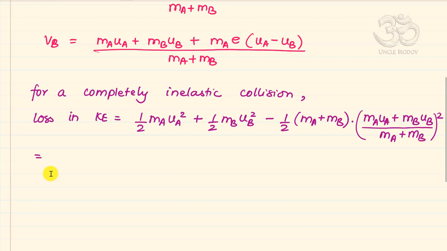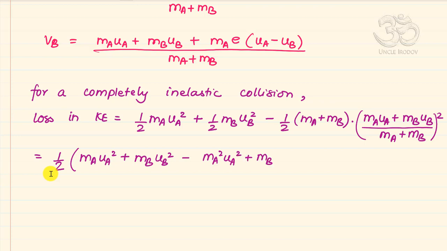So I will have half taken common, and I will have MA UA square plus the second term will give me MB UB square, and the third term will give me MA square UA square plus MB square UB square plus 2 MA MB UA UB, and this third term is divided by MA plus MB.